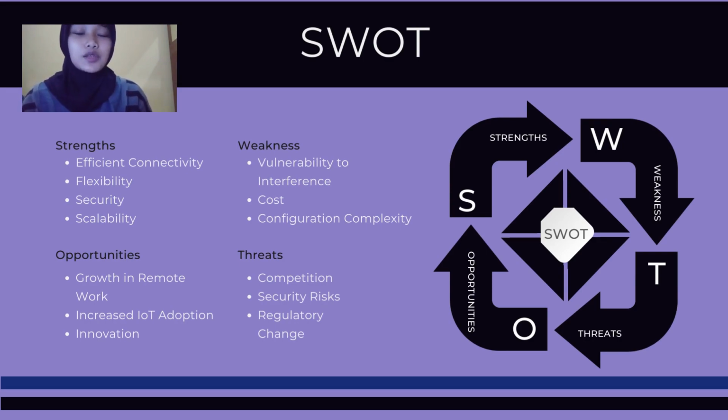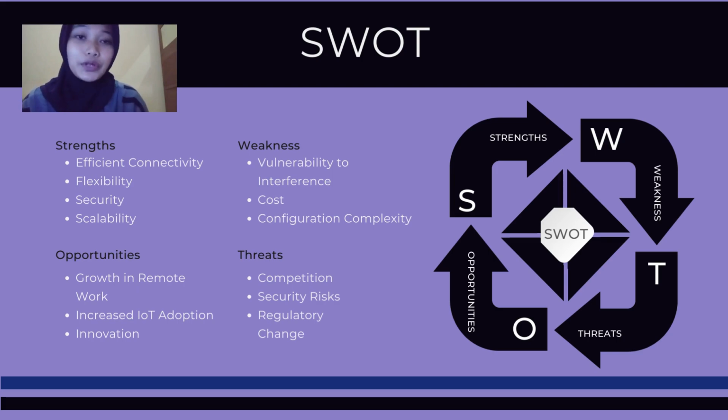Now, the second topic is SWOT. Actually, access point has strengths, weaknesses, opportunities, and threats. The strengths are efficient connectivity, flexibility, security, and stability. The weaknesses are vulnerability to interference, cost, and configuration complexity.